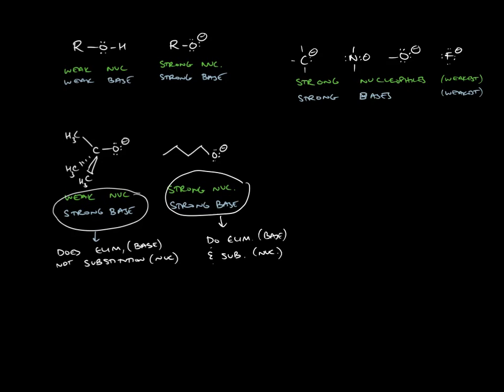All right, but what happens when we go down within a column? So let's compare our F minus to our Cl minus to our Br minus to our I minus.